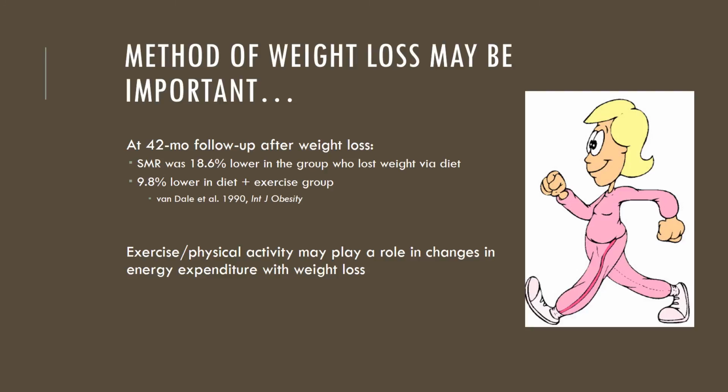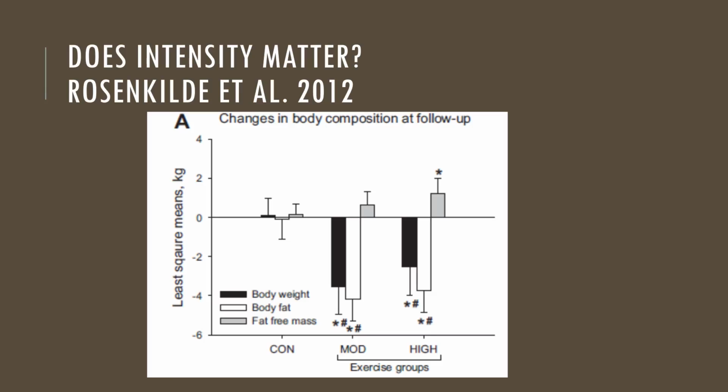So if you can maintain or increase your muscle mass as you lose weight, that is going to be incredibly important in helping you prevent your metabolic rate from declining. And this study gets at that concept. The question is, does the intensity of the exercise matter?